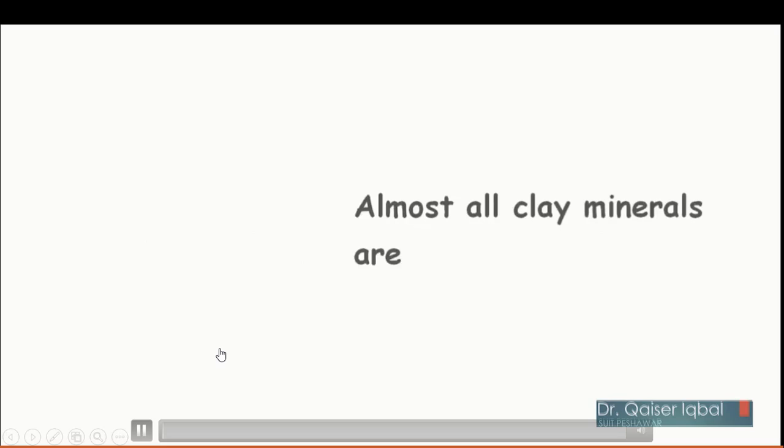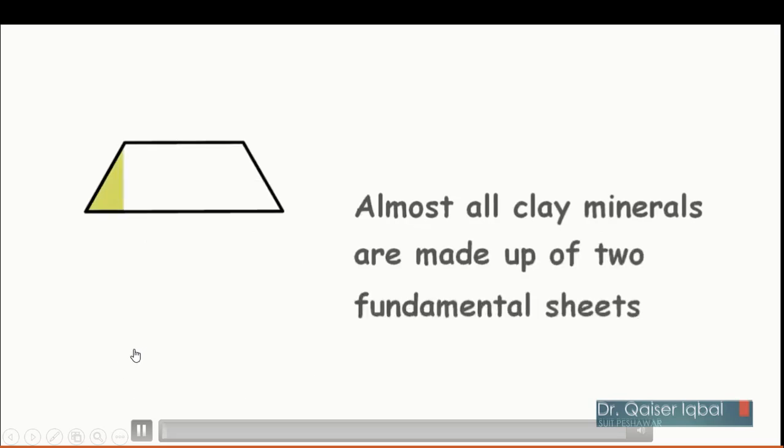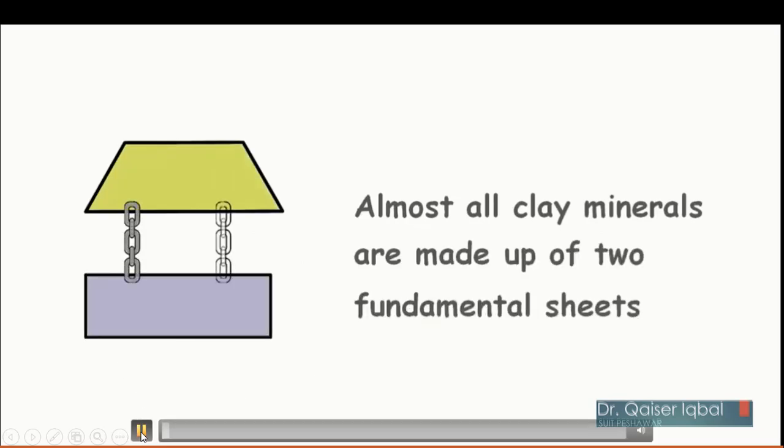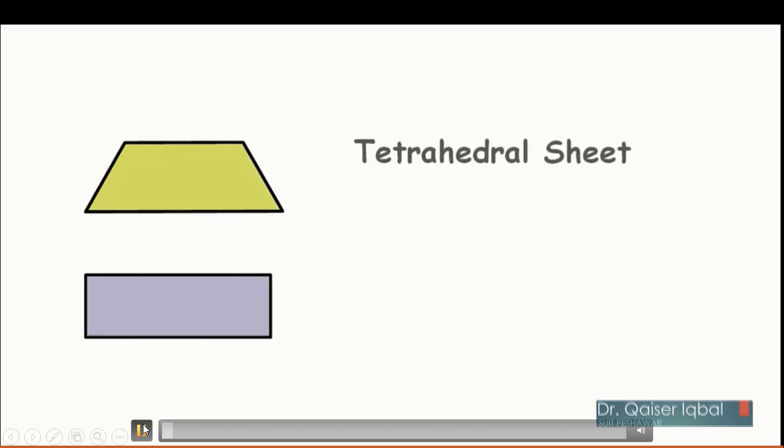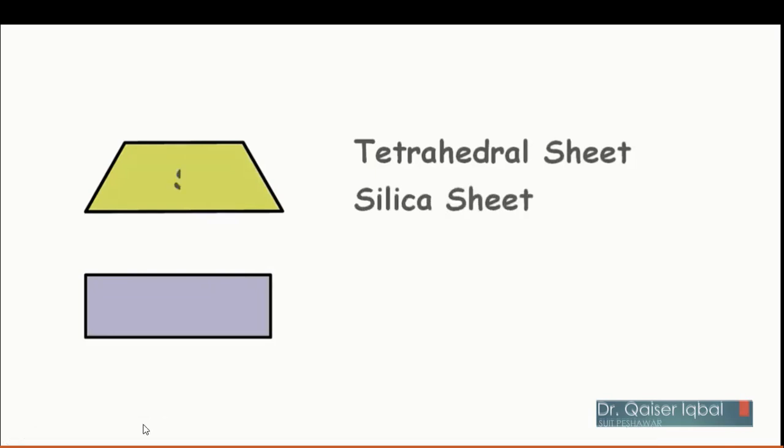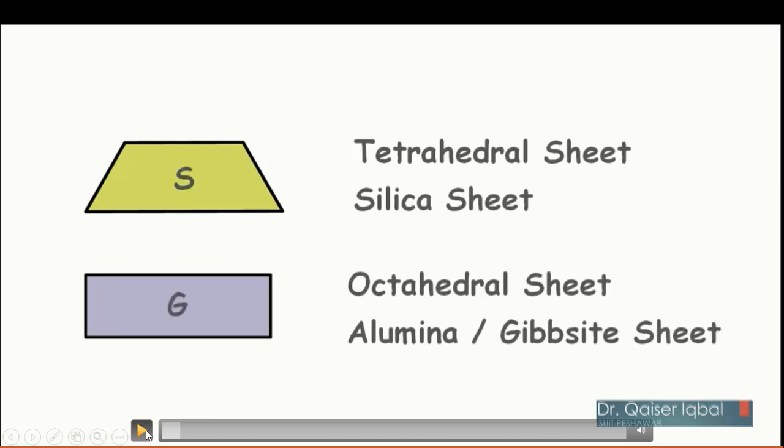Okay, so almost all clay minerals are made of two fundamental sheets, as we discussed, and these sheets are basically tied together, okay, by negative and positive bond. Okay, negative attract positive, we know that from your knowledge.